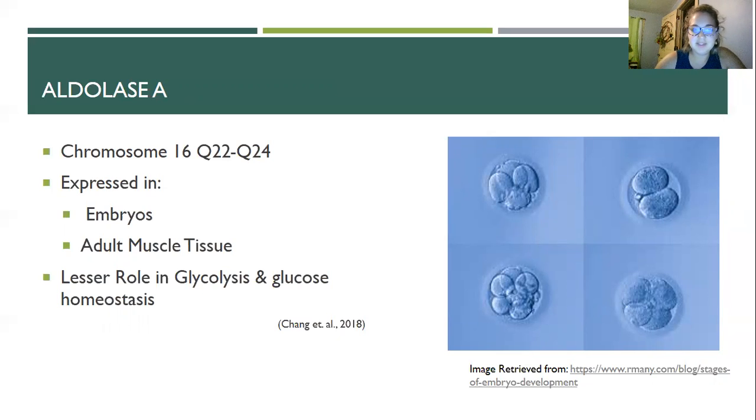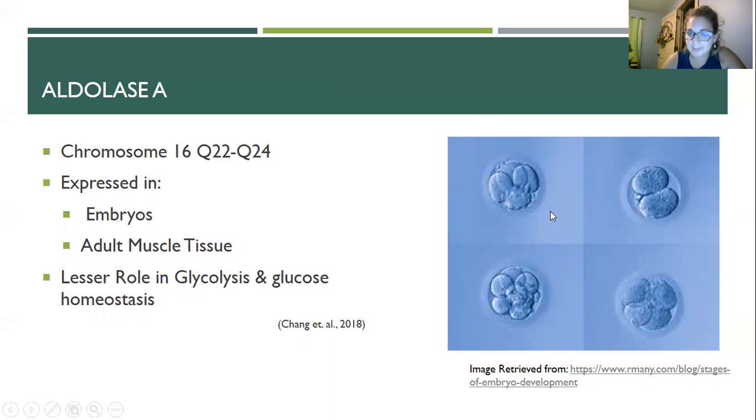It can be seen in embryos as well as adult muscle tissue. It has the lowest Km for F1,6BP catalysis when compared to both aldolase B and C. Therefore, aldolase A has a lesser role in glycolysis, as well as in the maintenance of glucose homeostasis.